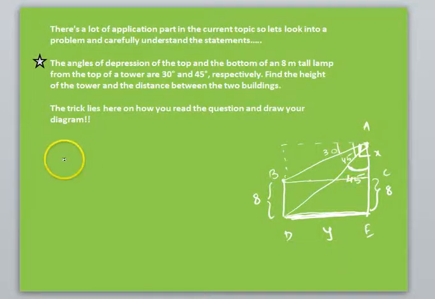So if I take tan 45, I am taking tan 45 for convenience in order to establish a relation between Y and X, as perpendicular by base gives me tan 45, or tan A, which is equal to perpendicular, which in this case is Y, by base, which is 8 plus X. Remember, I am considering the triangle A, D and E. So tan 45 being 1, Y is equal to 8 plus X. This is my first relation between X and Y.